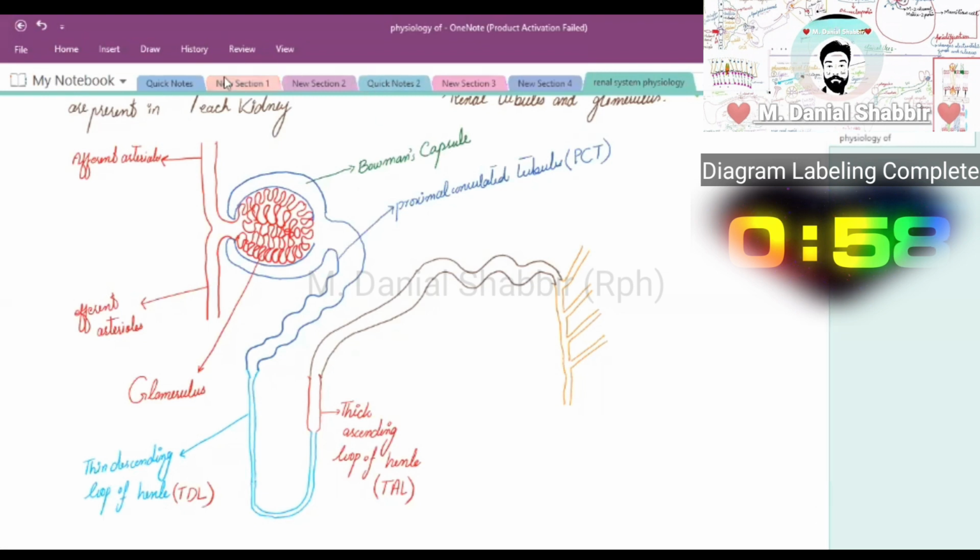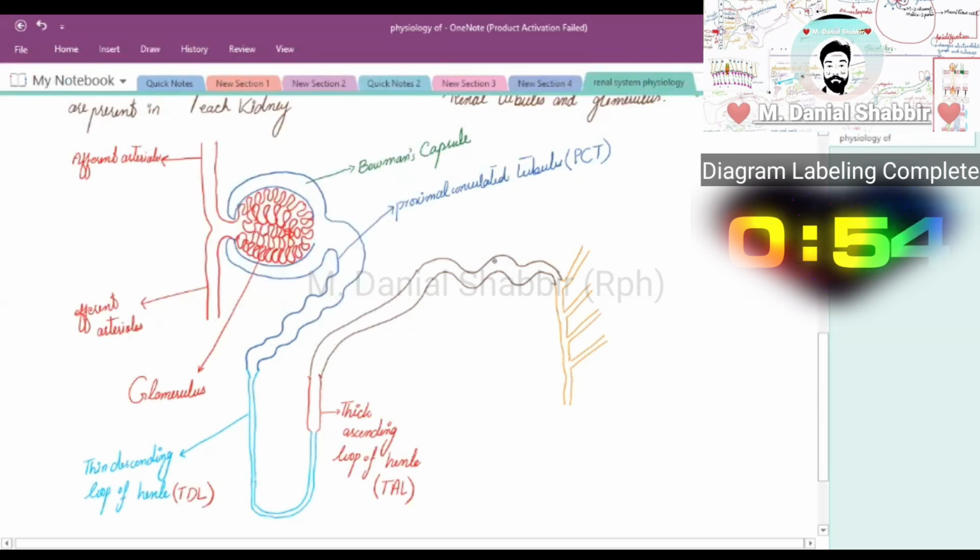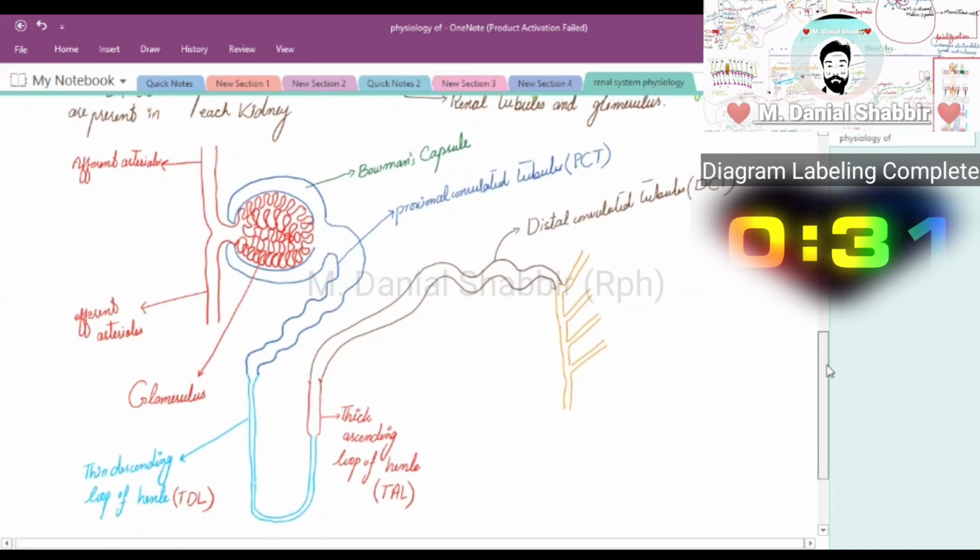Okay. And the next portion is the distal convoluted tubules, or you can also write it as DCT, distal convoluted tubules.